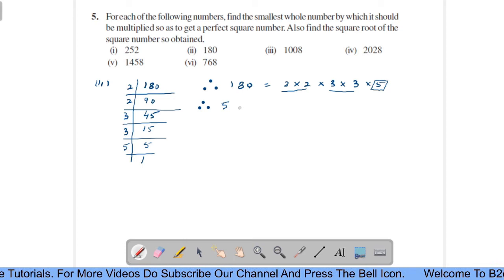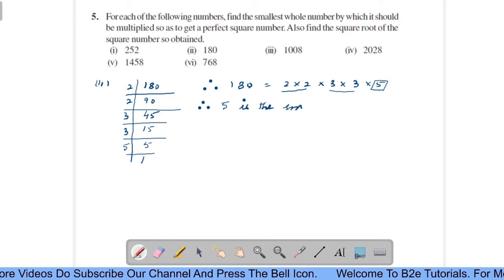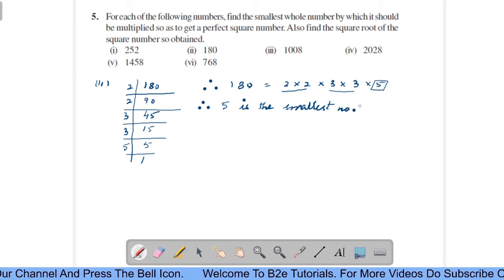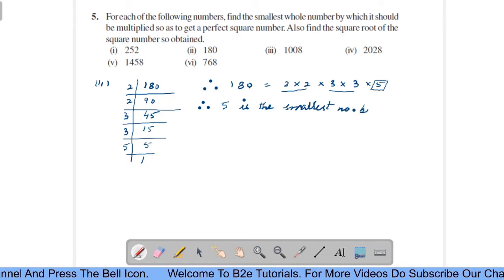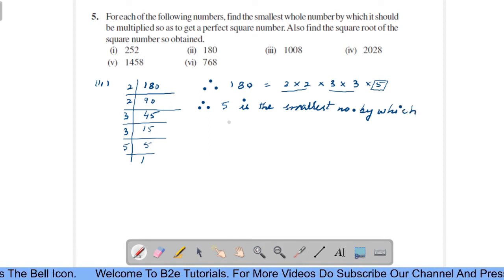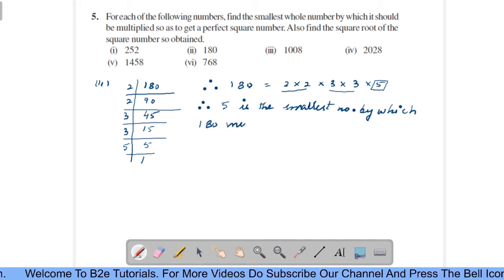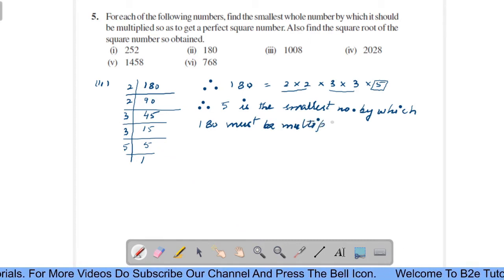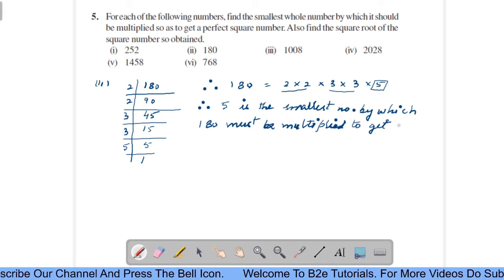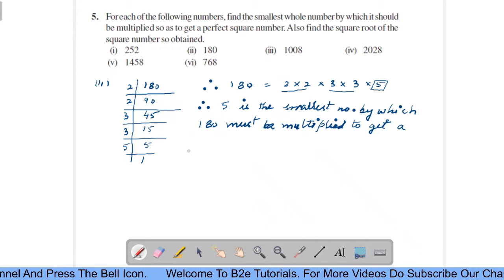Therefore 5 is the smallest number by which 180 must be multiplied to get a perfect square number.